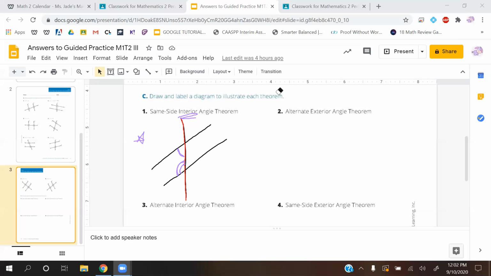Okay, let's draw alternate exterior angle theorem. Miss J, when you're drawing angles, do you have to do one with 1 line and then another with 2 lines? Well, if they're the same size, then you can do them both with 1 line, but only if they're the same size.